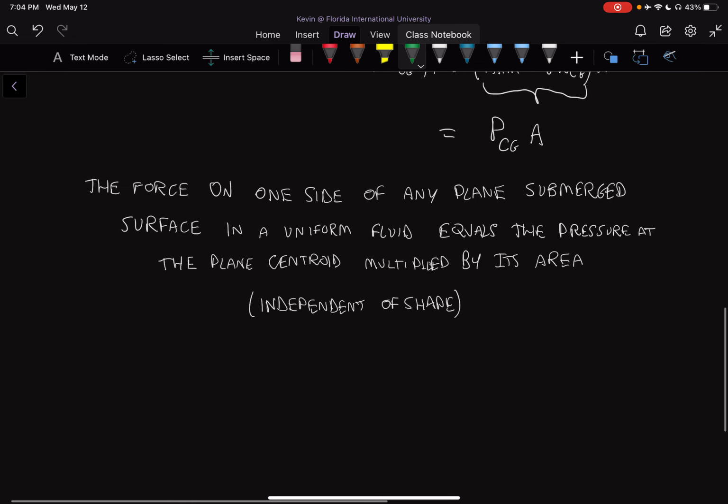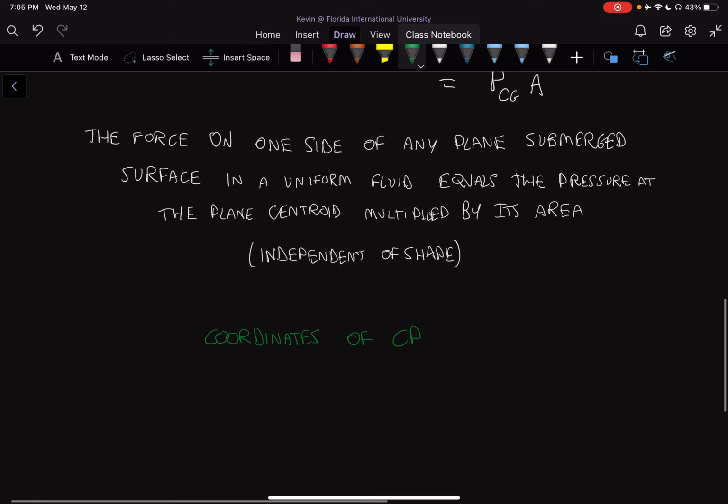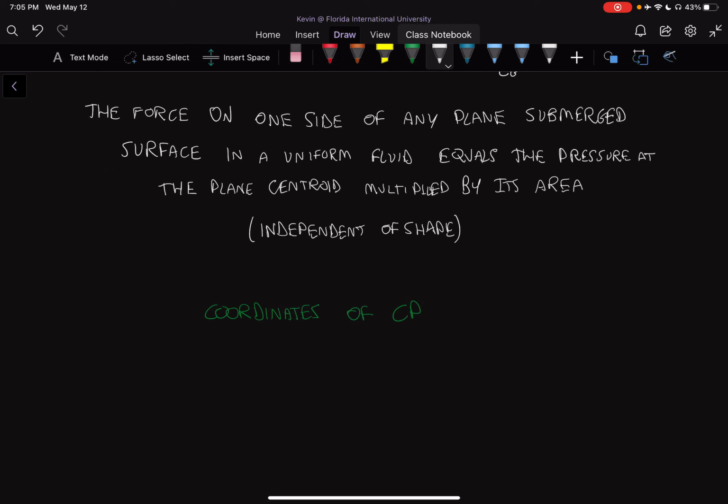So the coordinates of our center of pressure, and I'll put CP in capital, are x CP and y CP on that plane.